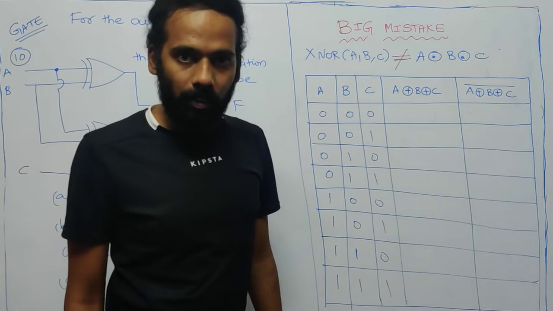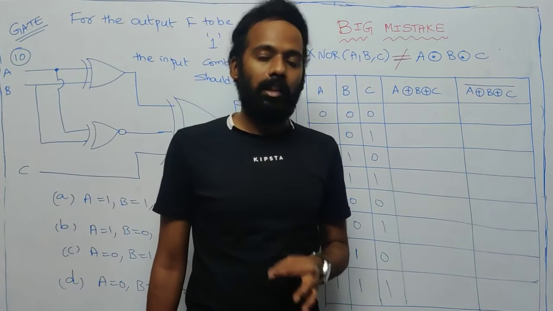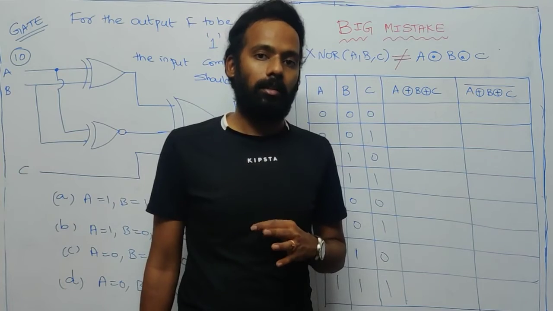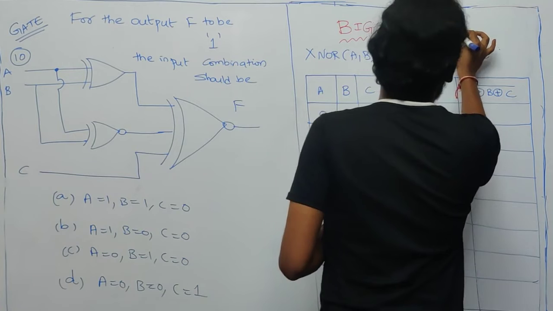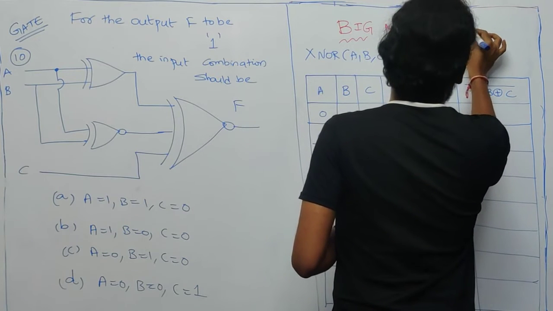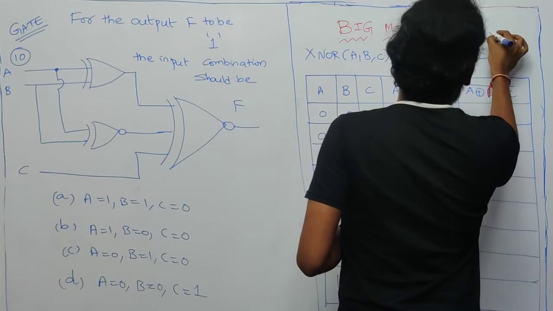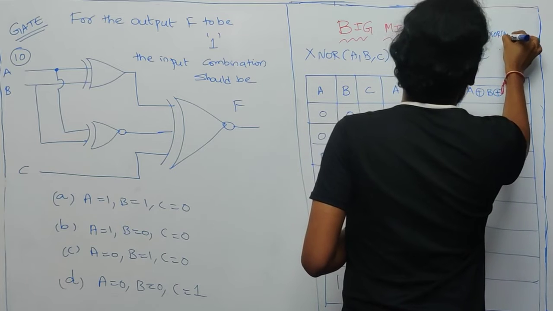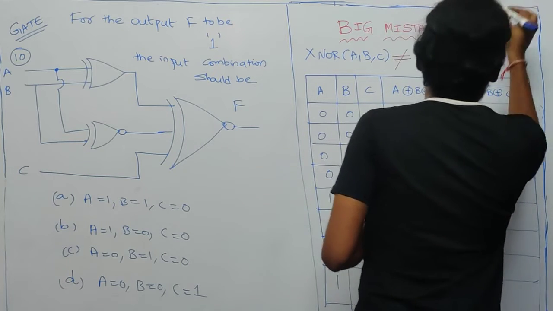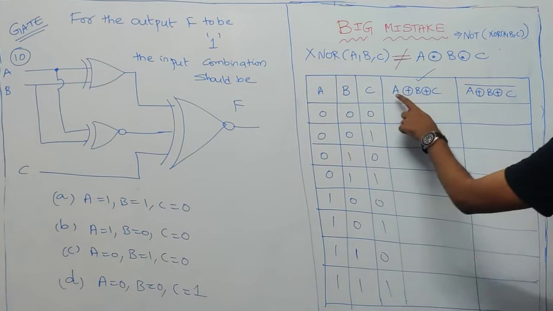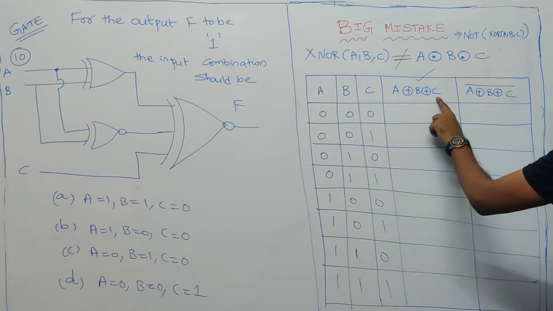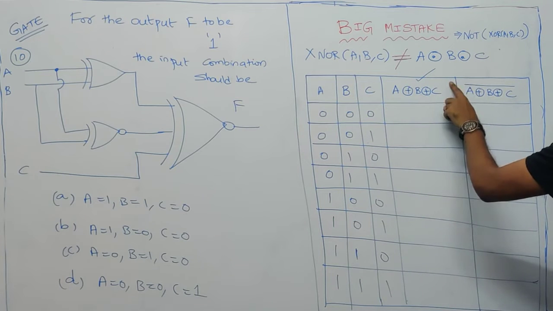Now what is the definition of XNOR? XNOR is the NOT of XOR of ABC. First you have to compute A XOR B XOR C, then you take the complement of that.